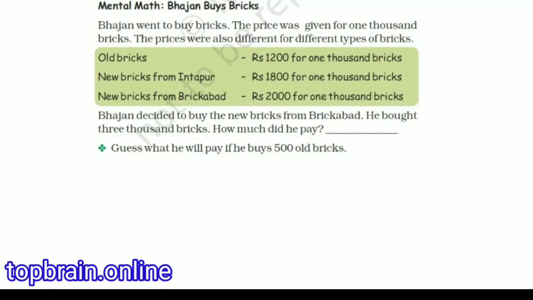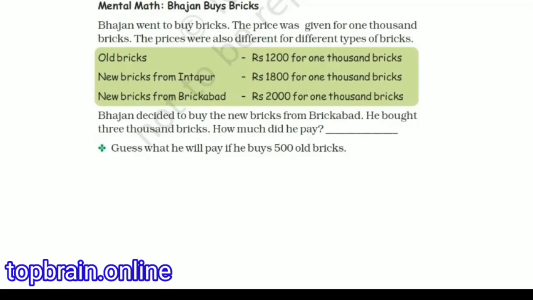So for 3000 bricks we have to multiply 3 with 2000, then we will get rupees 6000. So Bhajan has paid rupees 6000 for new bricks from Brickabad.